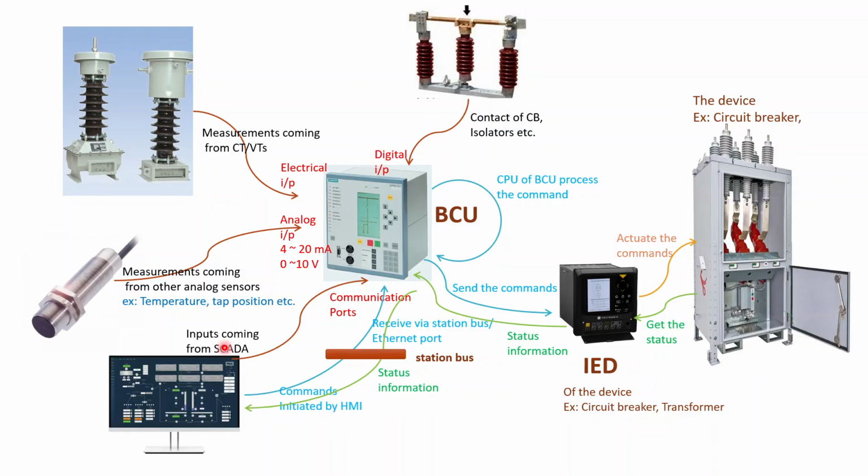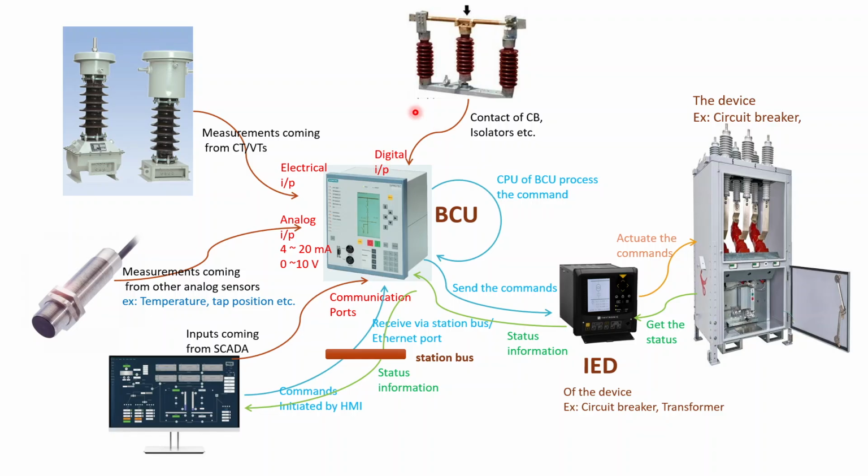Right. So now, if you look at the complete picture, you have the bay controller unit, something like this, right? This is a bay controller unit, okay? And you can see it has many inputs and many different outputs, right?